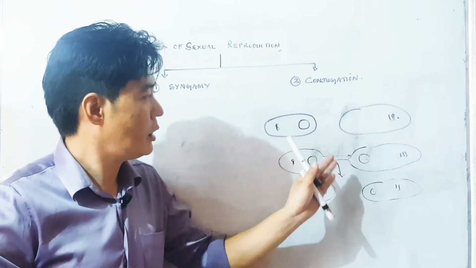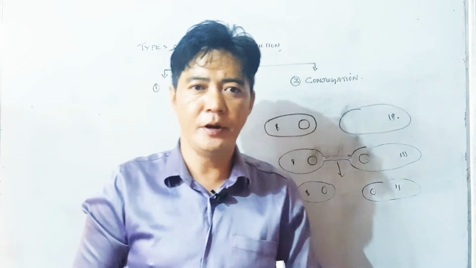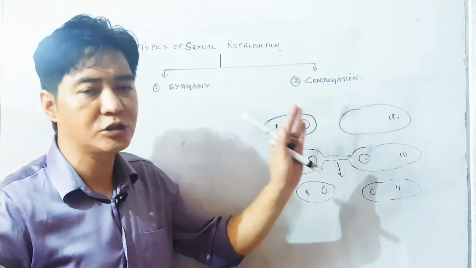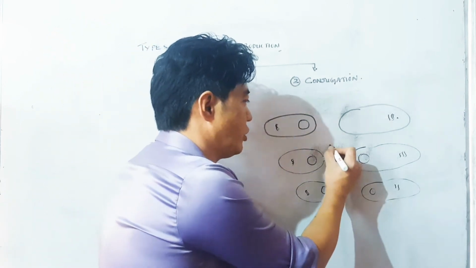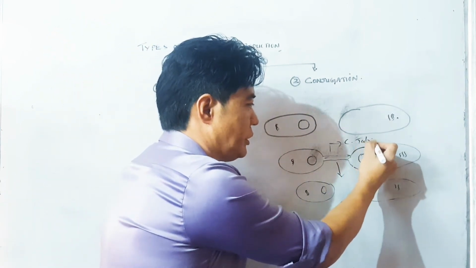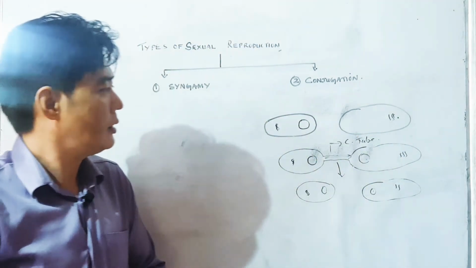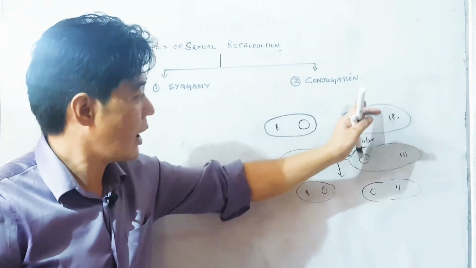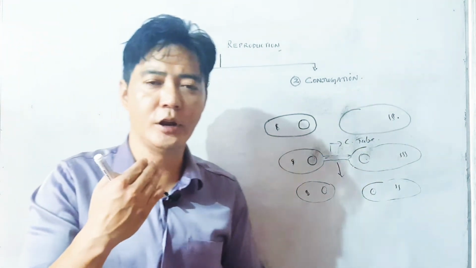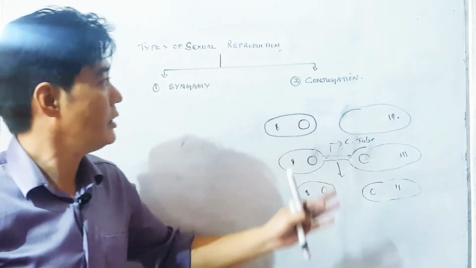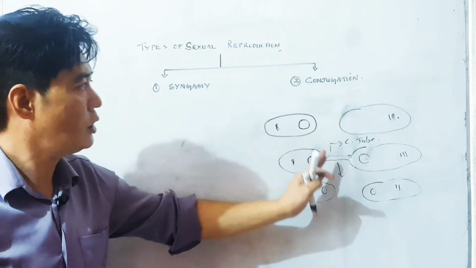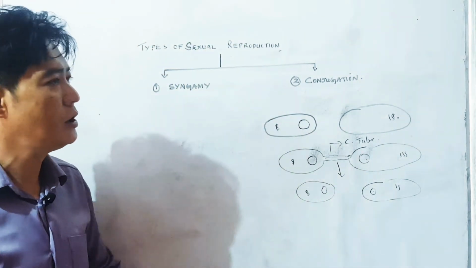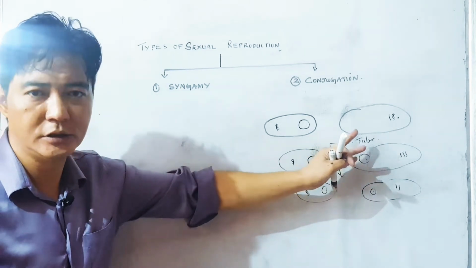So conjugation is the type of sexual reproduction which occurs with the help of a conjugating tube, and the temporary union of the parental cells occurs in this sexual reproduction.